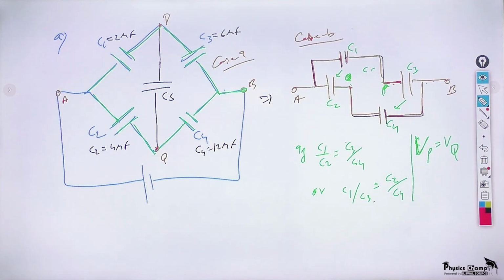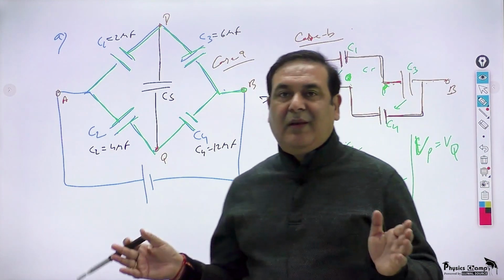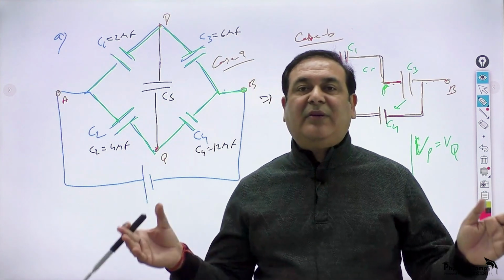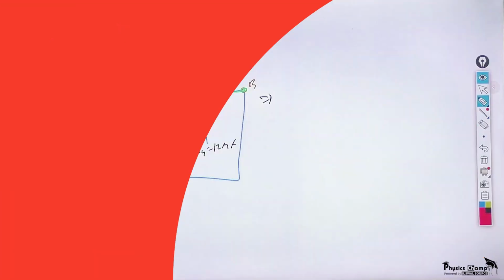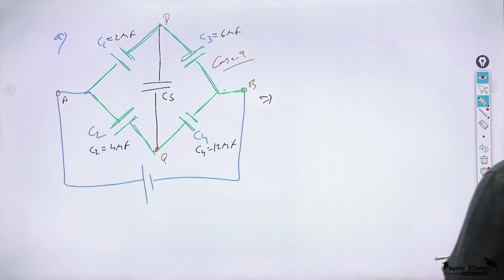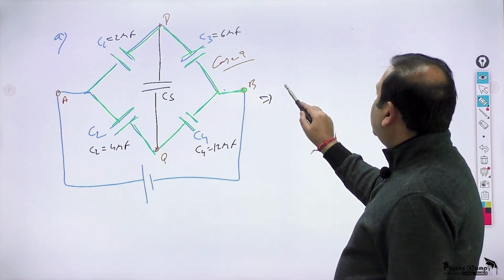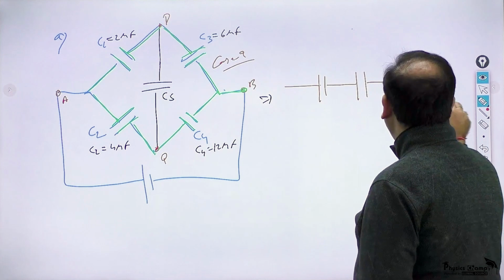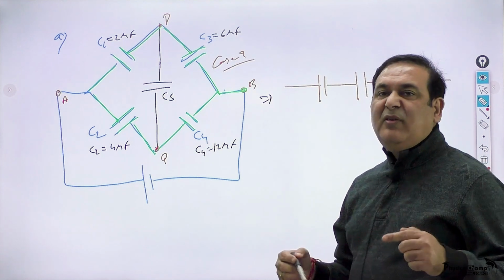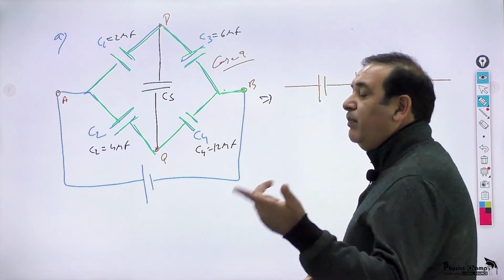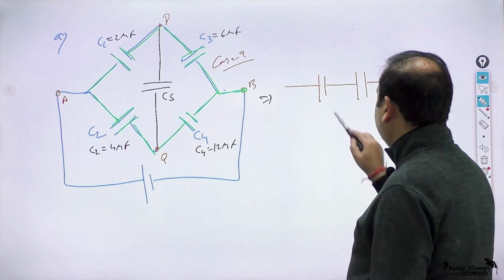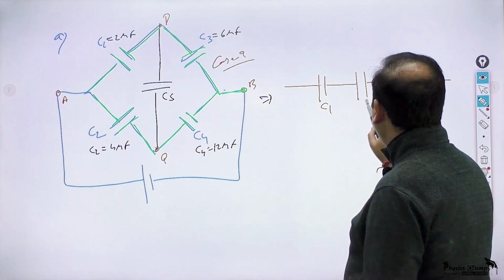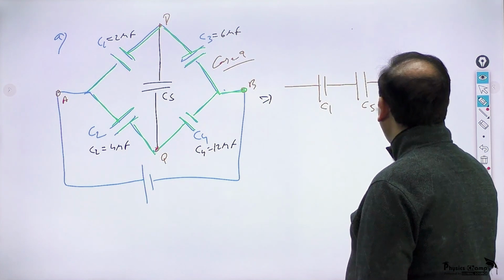So I have shared with you three different shapes for the Wheatstone bridge. Now I am taking one condition which appears to be like a Wheatstone bridge, but it is not a Wheatstone bridge. It is a case of parallel combination of three capacitors: C1, C5 and C3.